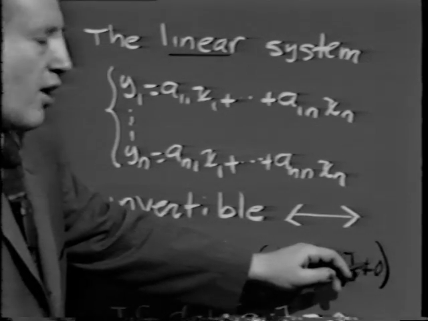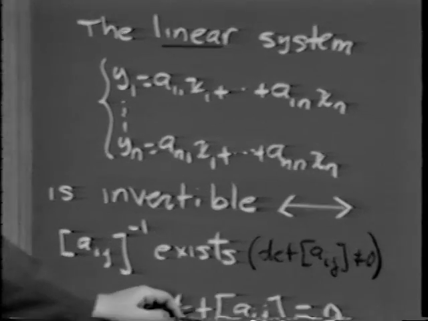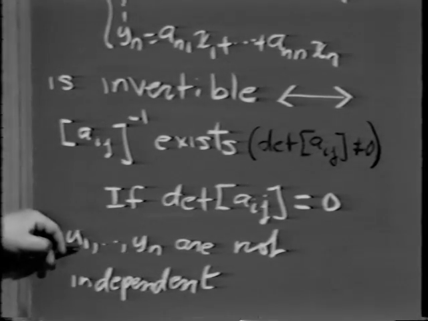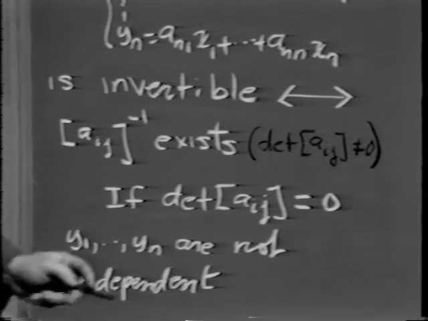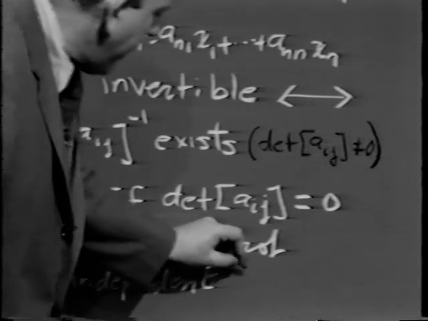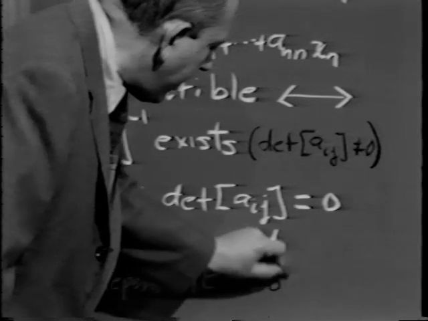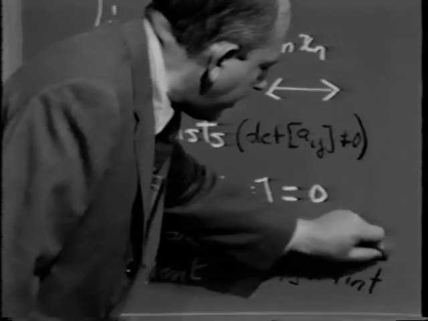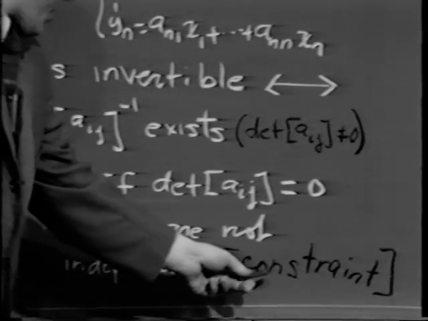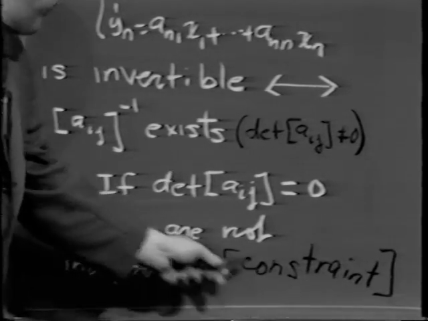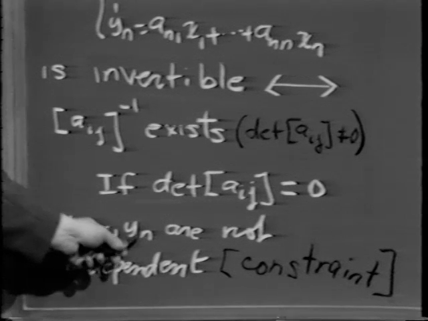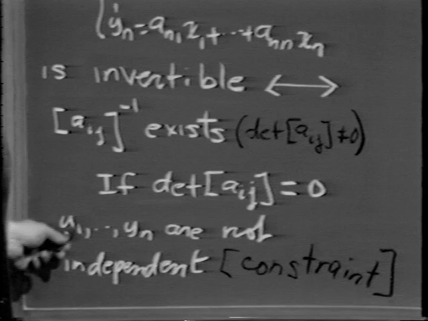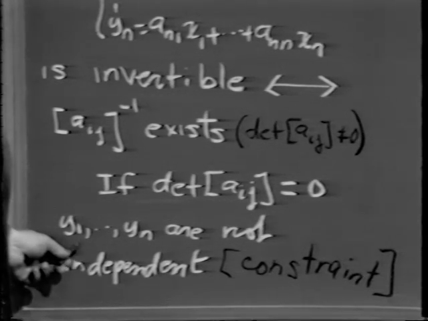If the determinant of the matrix of coefficients was zero, then we saw that y1 up to yn are not independent. In fact, in that context, that's where we came to grips with the concept of a constraint. The constraint actually turned out to be what? The fact that the y's were not independent, meaning that we could express a linear combination of the y's equal to zero.